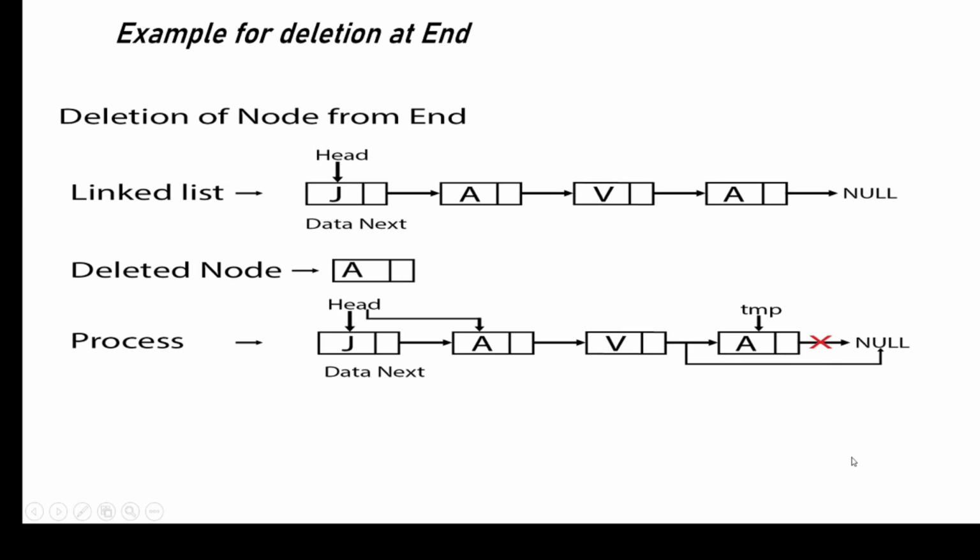Then with the help of the pointer variable that points to the last node in the list, we can delete the last node by freeing this pointer variable.